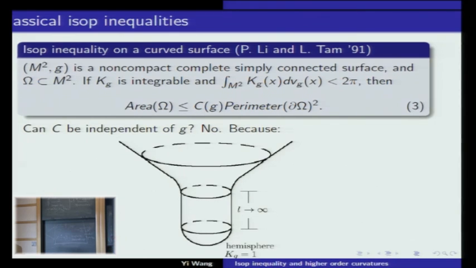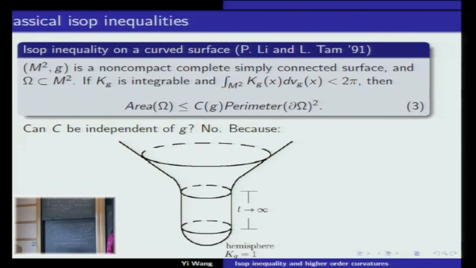Over this conical part the metric is flat, so again the Gaussian curvature is 0. It's negatively curved over those corners. Then it is flat again over the cylindrical part, and it is positively curved over the hemisphere. So the integral of the positive part of Gaussian curvature is equal to 2 pi, but it cancels out with some negative curvature over this neck, and that's why it satisfies this assumption.